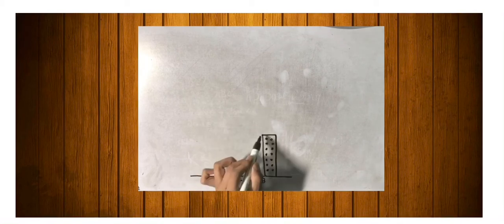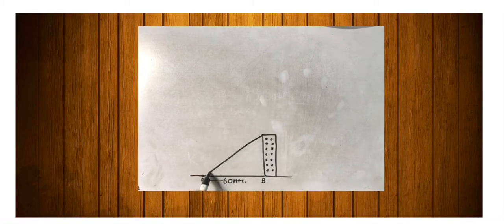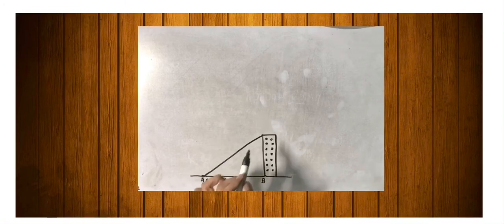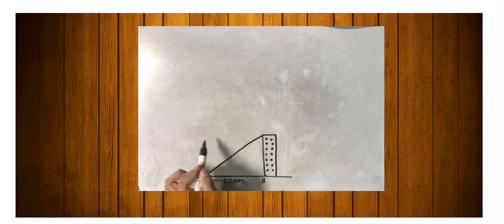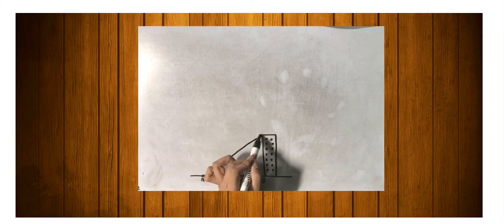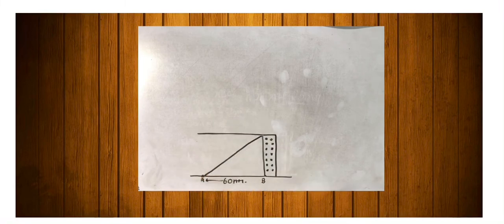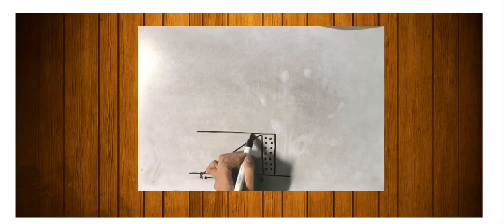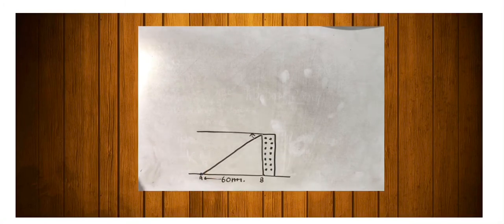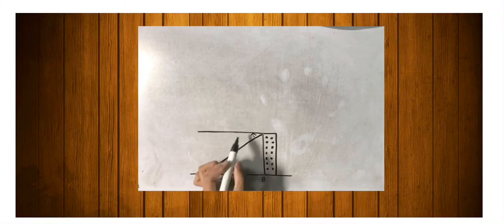So the line of sight will be this. And its horizontal line of sight will be this. Now the angle of depression will be formed here. It is given, it is 30 degrees.